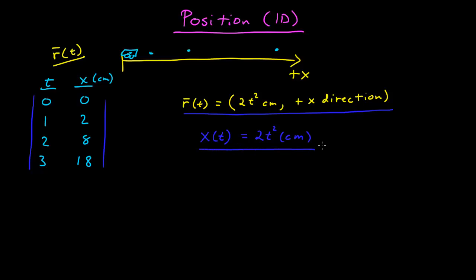This now gives me the x-coordinate of the position of the object at every time. This is a lot more convenient than writing this vector notation everywhere, and so this is what we like to do in one dimension.